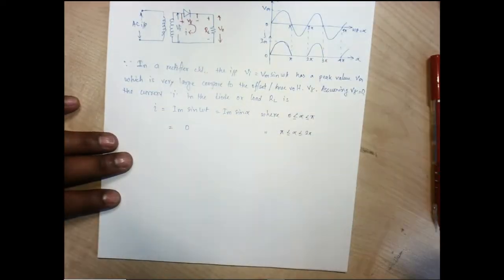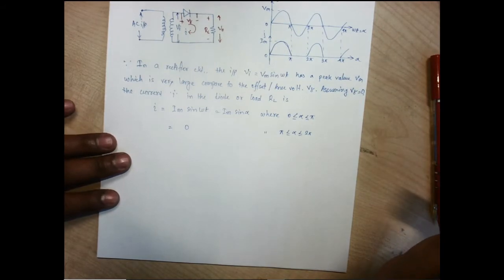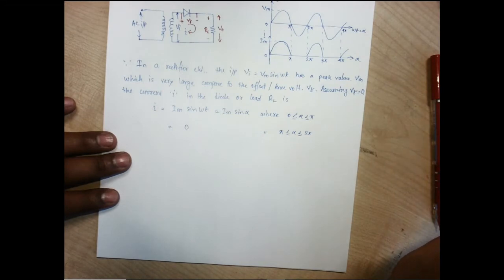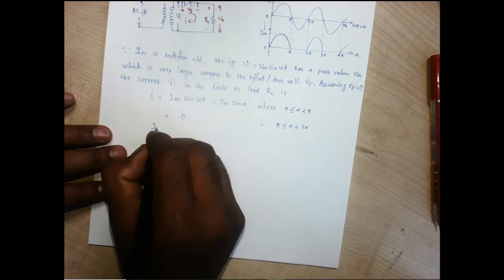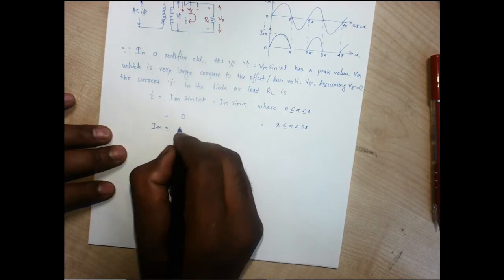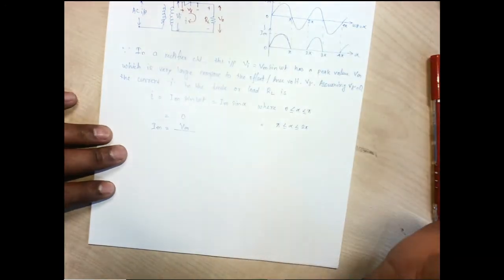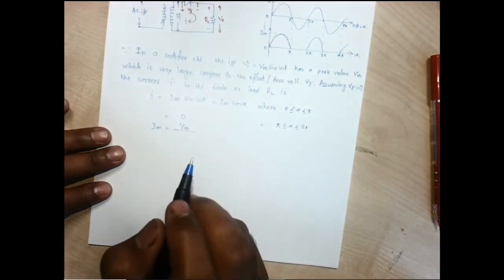So this is the condition for a single cycle. Once we have the behavior of a single cycle, we can easily find out the continuous other cycles which appear at the input side. So what is this Im here? Im is the peak voltage across the secondary winding divided by the total resistance of the circuit.